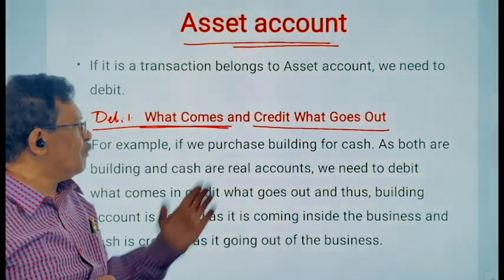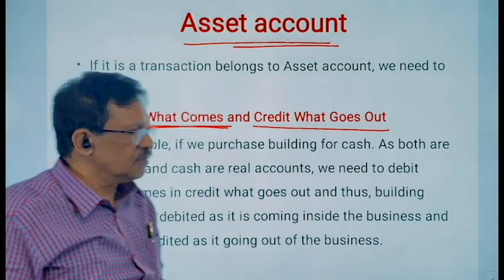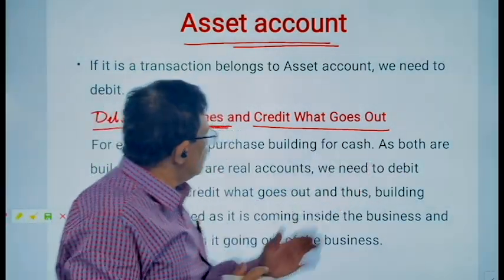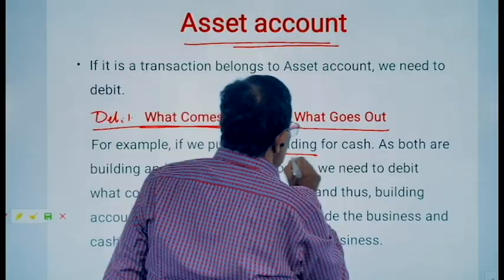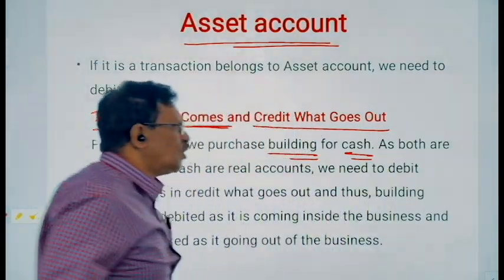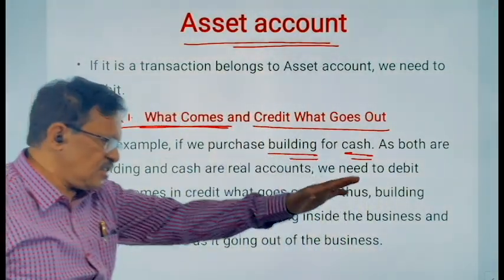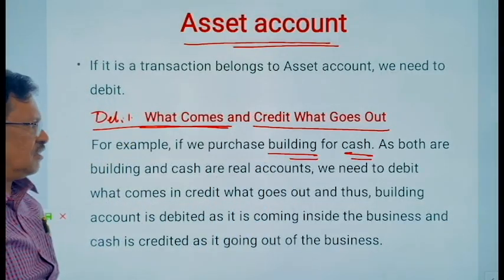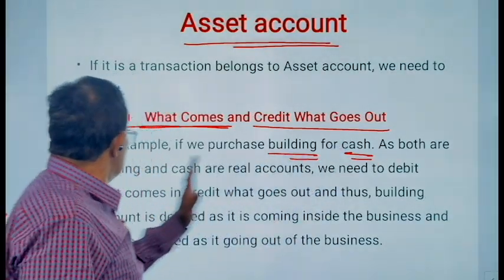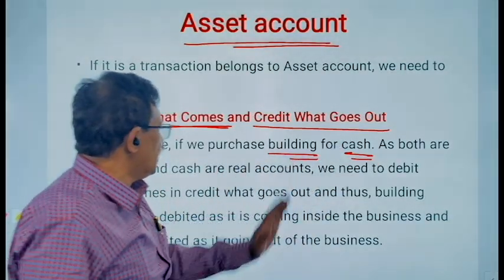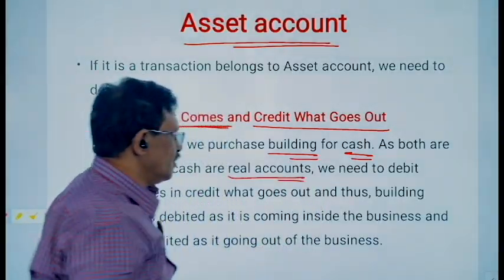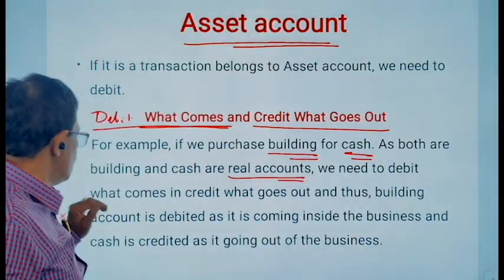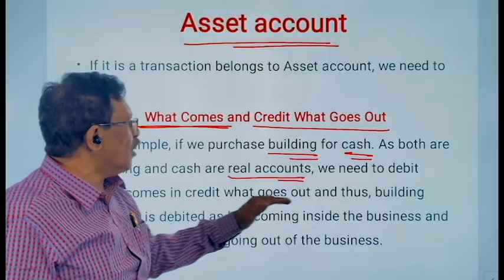For example, if we purchase a building for cash, both this particular building and cash are related to the assets only. Cash is an asset, building is also an asset. As both building and cash are real accounts, we need to debit what comes in and credit what goes out.